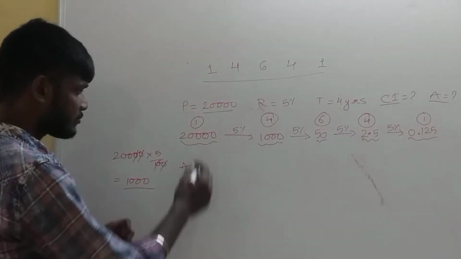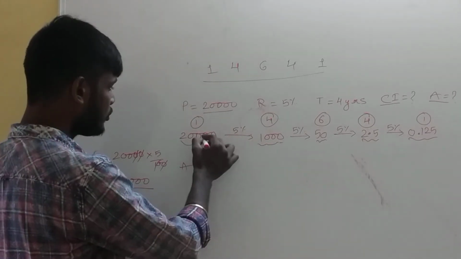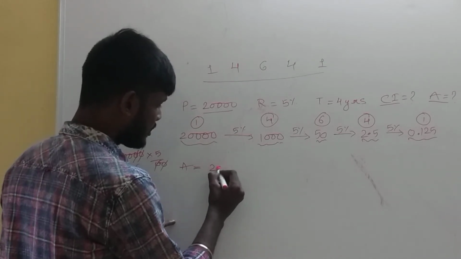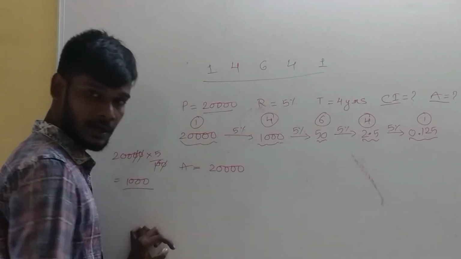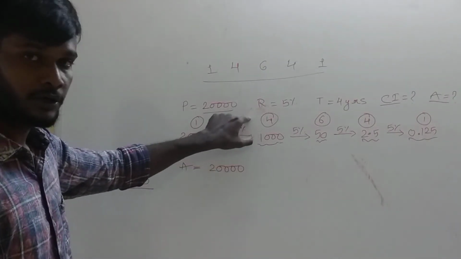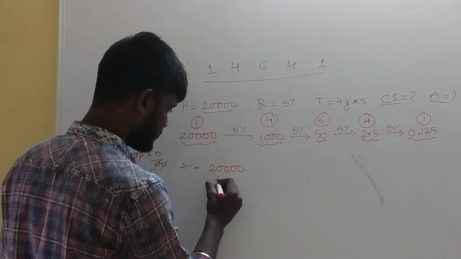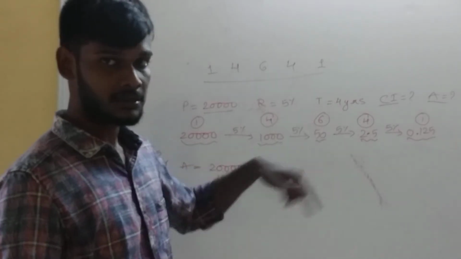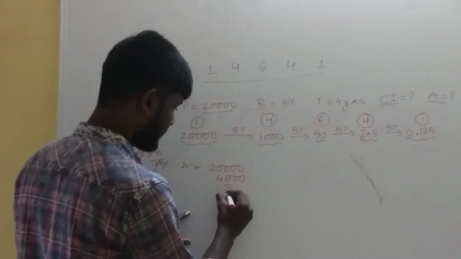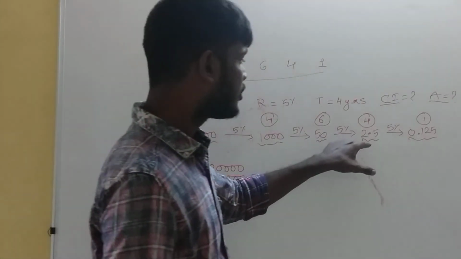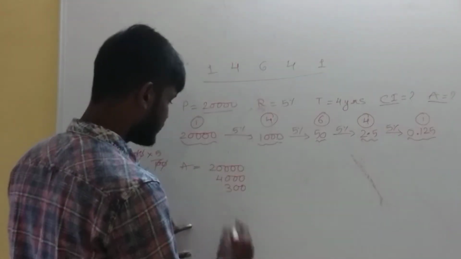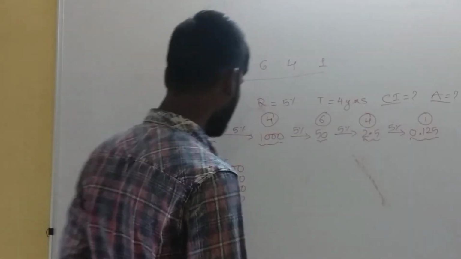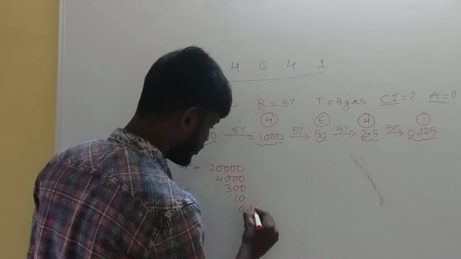Then I just have to multiply these. 20,000 into 1 is nothing but 20,000. 1,000 into 4 is 4,000. Then 50 into 6 is 300. Then 2.5 into 4 is 10. And at last 0.125 into 1 is nothing but 0.125.